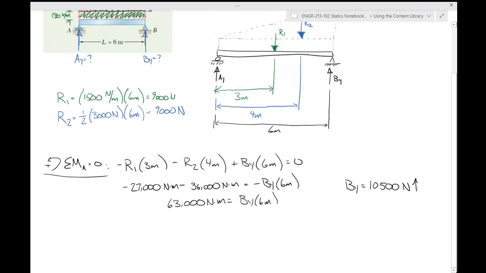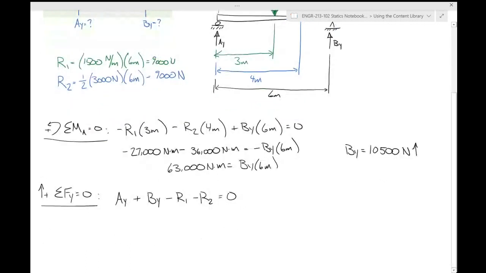And so if I've got that, then I can sum forces in the y direction. What do I got? I've got AY going up, BY going up, R1 going down, R2 going down. That's got to equal 0.